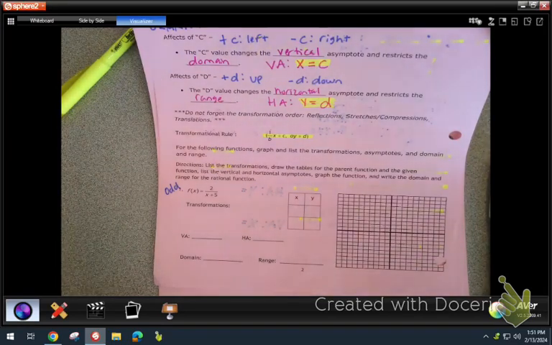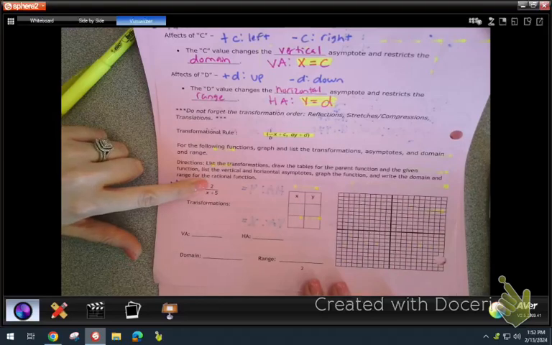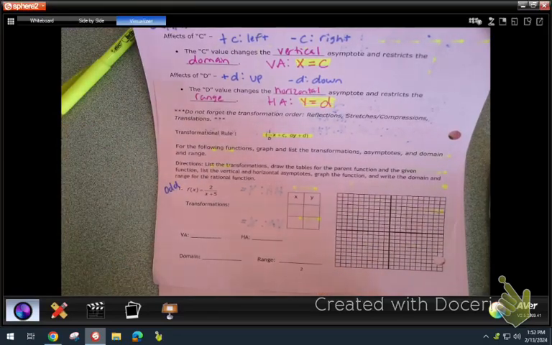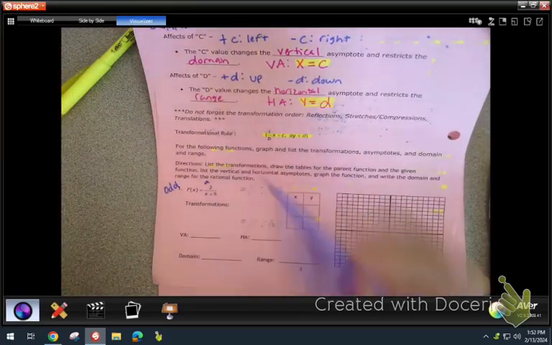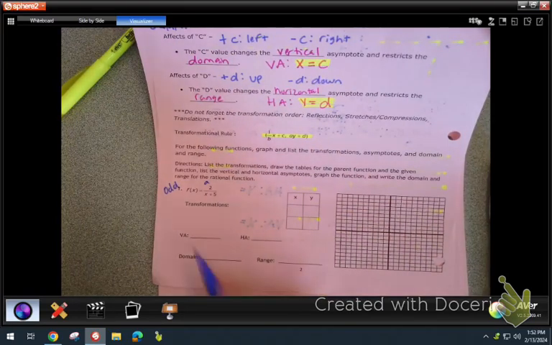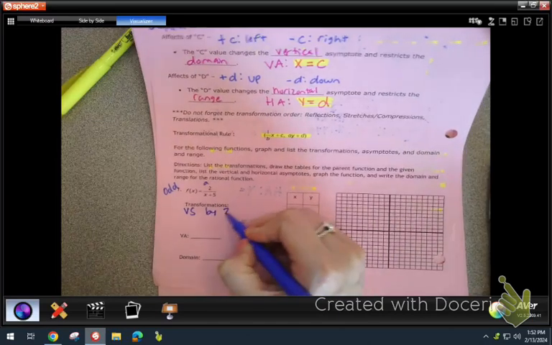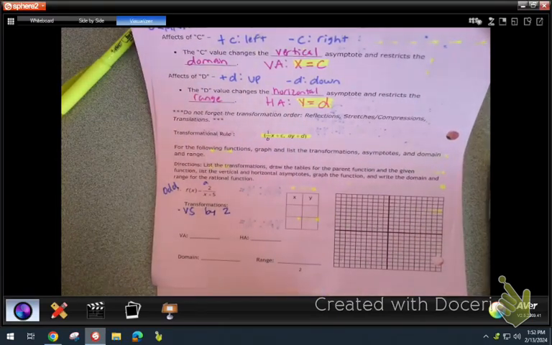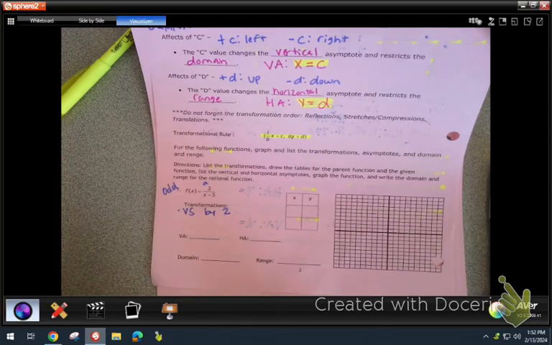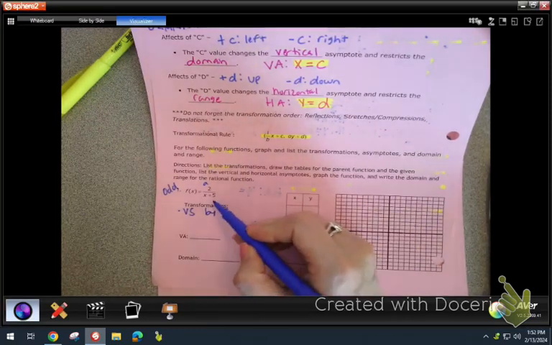But what transformations are there? So this 2 in the numerator, is that an A, B, C, or D? That's an A. So since it's a 2 and it's greater than 1, that means it's a vertical stretch by 2. And again, I'm cool if you abbreviate. I'm not really picky about that, okay? All right, and then in the denominator, I have x plus 5. What is that 5? A, B, C, or D?